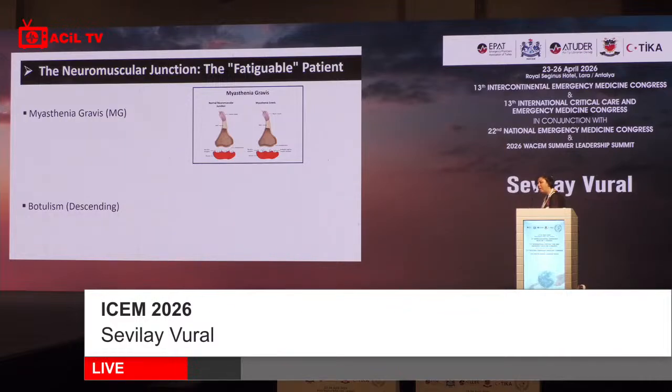When they use their muscles more often, they tire more. That's the most important symptomatic situation for these patients.